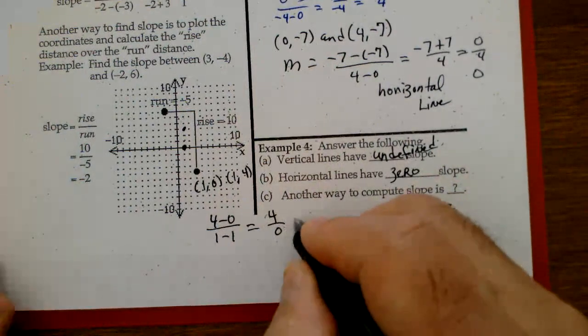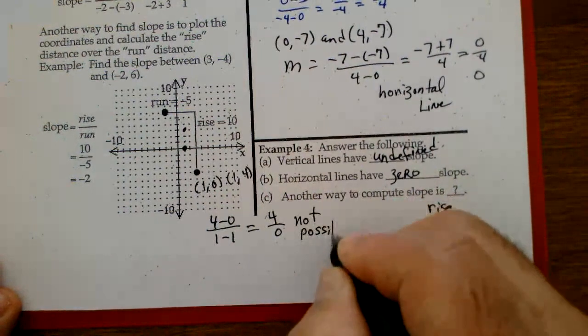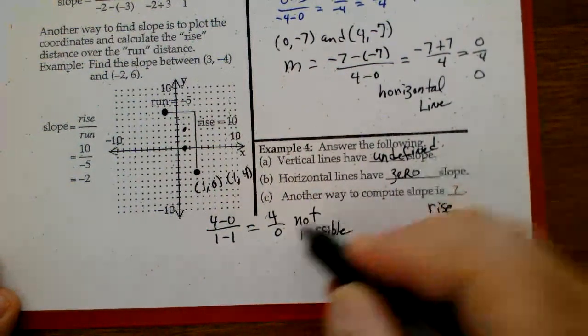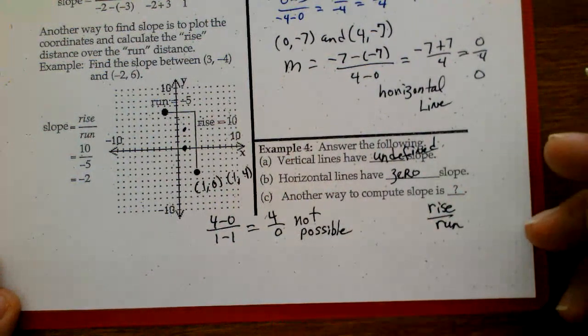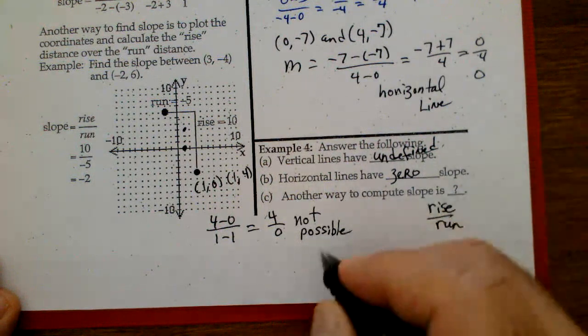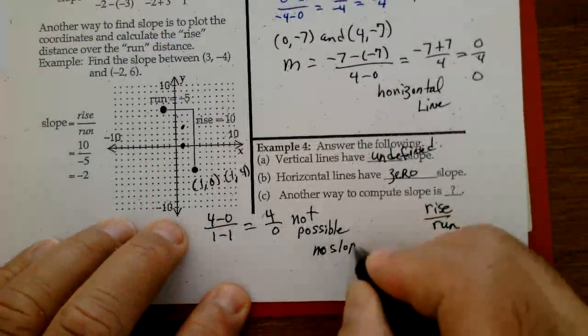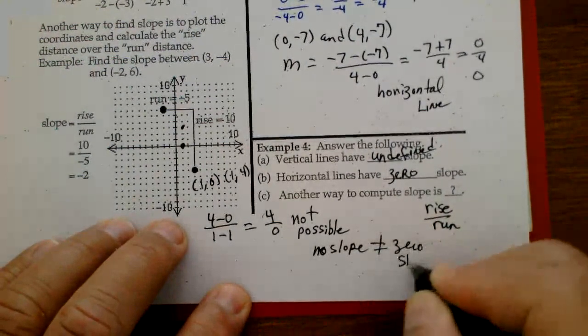You cannot do this. Not possible. And so this is why we say that a vertical line has undefined or no slope at all. No slope is not the same thing as 0. Again, no slope is not the same as 0 slope. Keep that in mind.